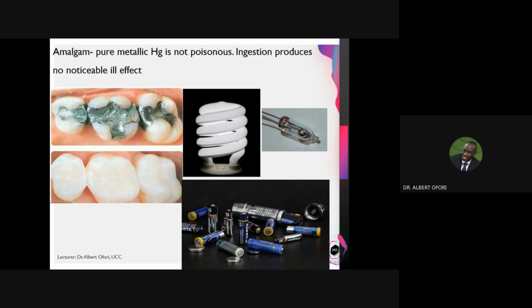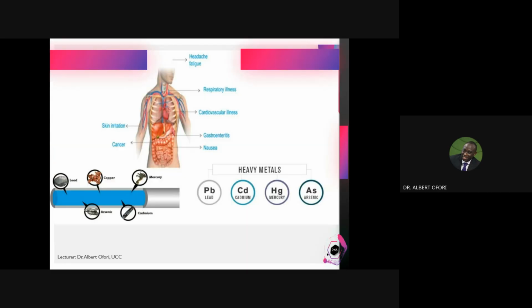So what we need to be careful about are these poisonous metals: lead, cadmium, mercury, and then arsenic. Arsenic is also in the non-metals, but these are quite a problem to us. I think water and sewage treatment has a way of removing arsenic, but it is extremely poisonous.